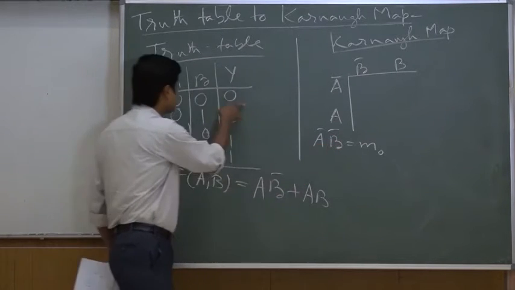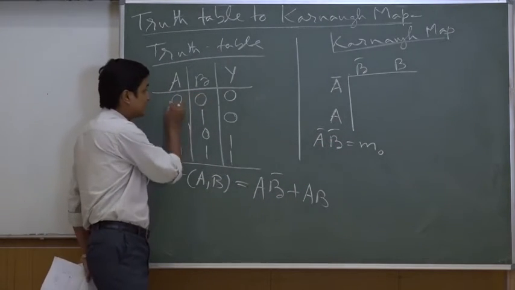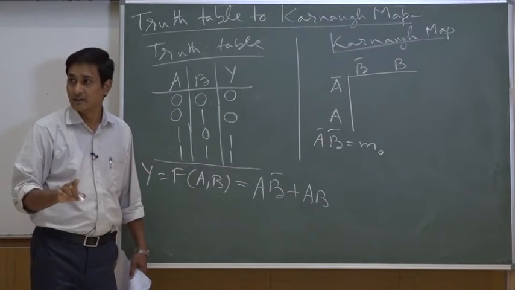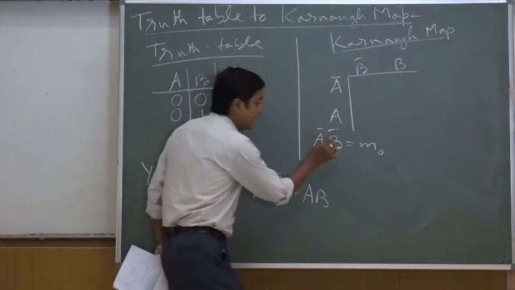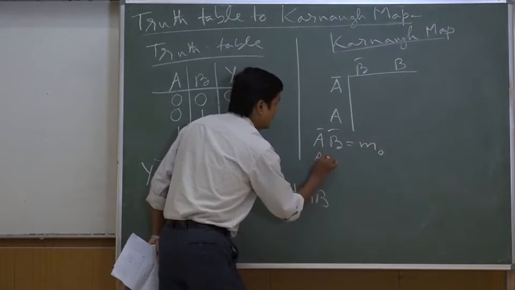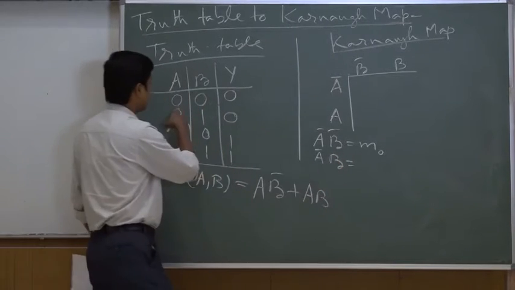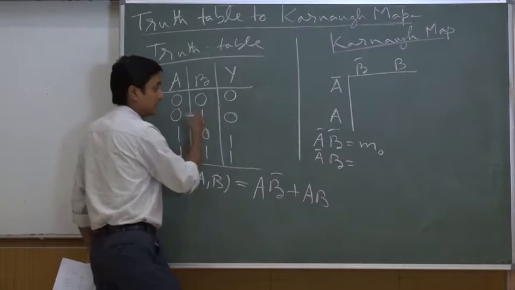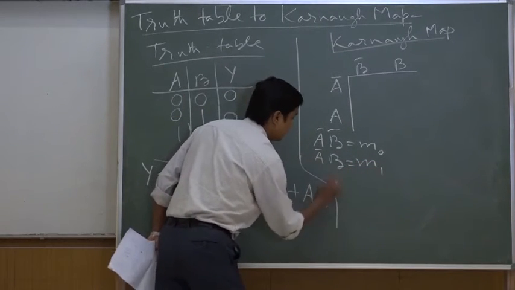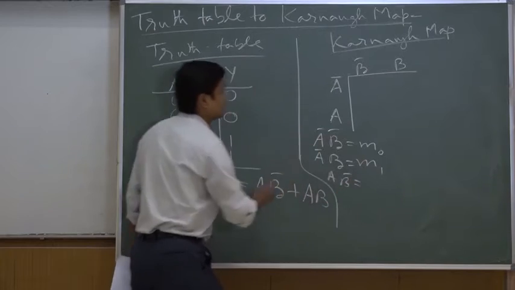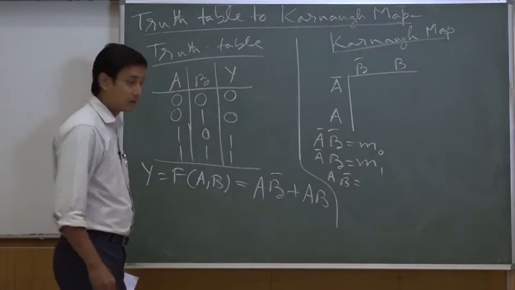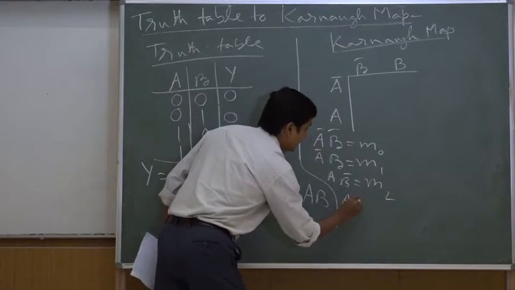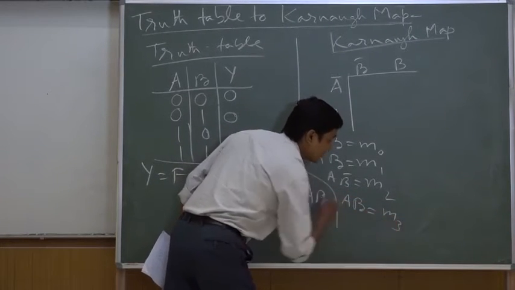So, A bar B bar is M0, then A bar B, where A is 0 and B is 1, is M1, then A B bar is M2, and AB is M3.